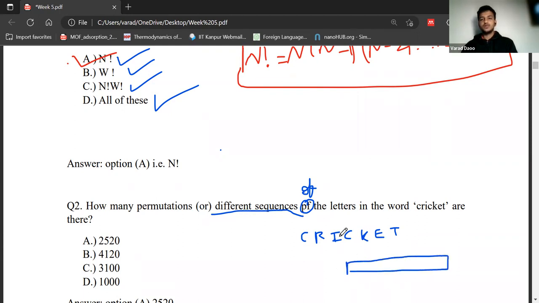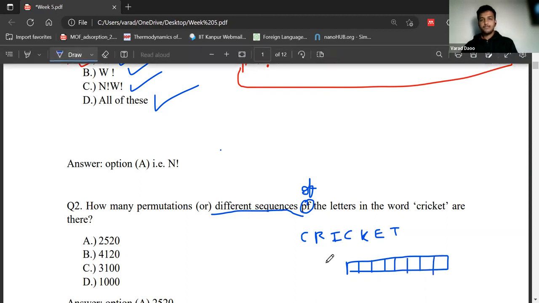Here we have 1, 2, 3, 4, 5, 6, 7, so this is a 7-letter word. How many permutations are possible by taking letters from this word, and how many ways can we arrange them?